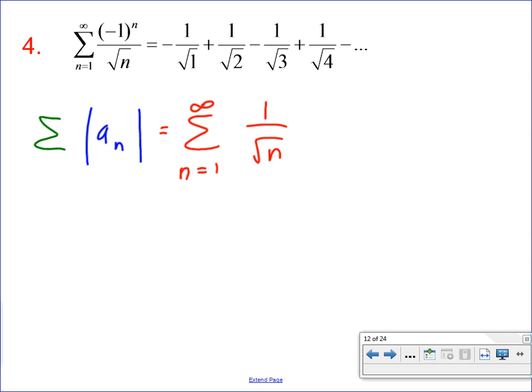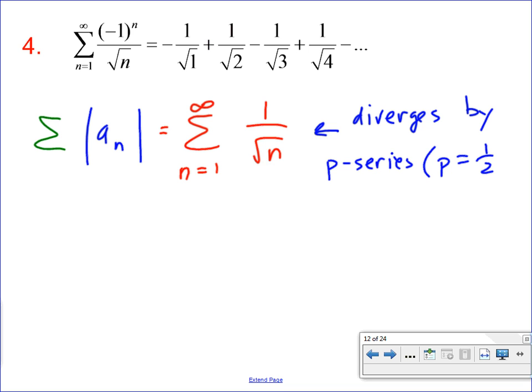So we know that this does not converge absolutely, so this diverges by p-series with p equal 1/2, which is less than 1. Well, does that mean that the original series diverges? No, it just means that it doesn't converge absolutely.